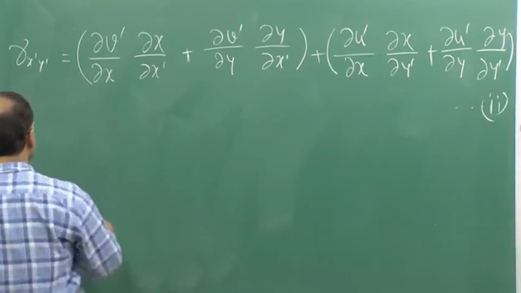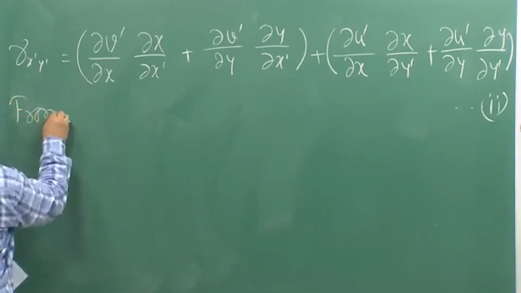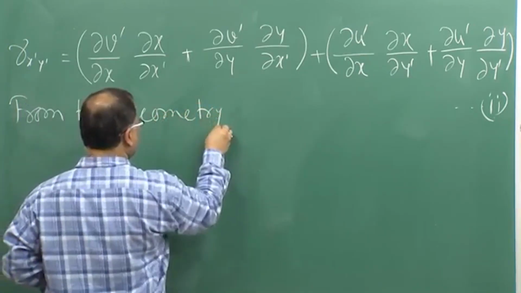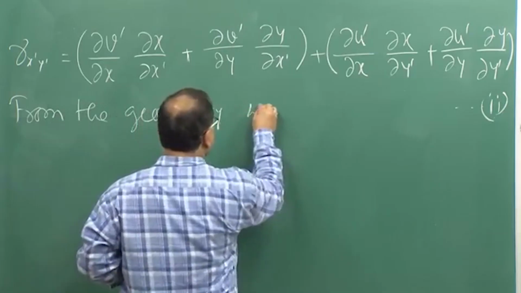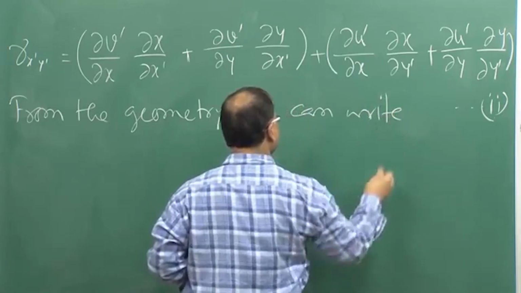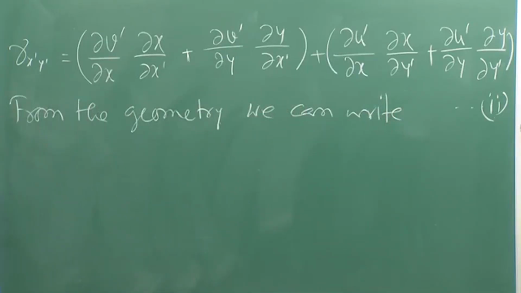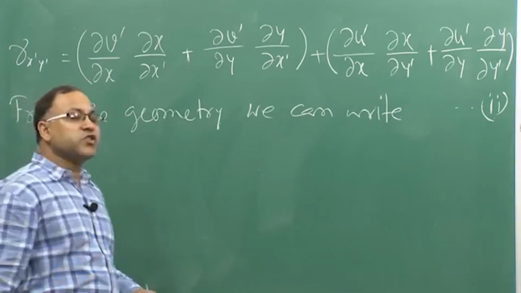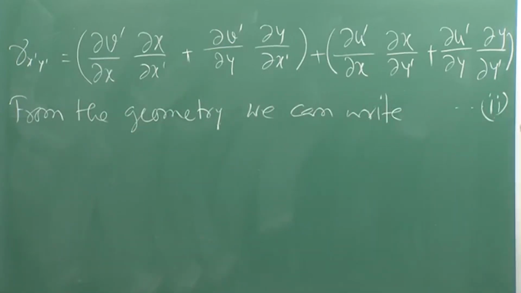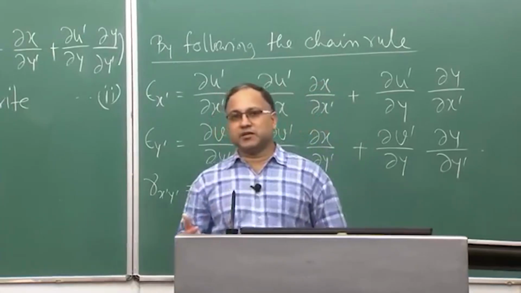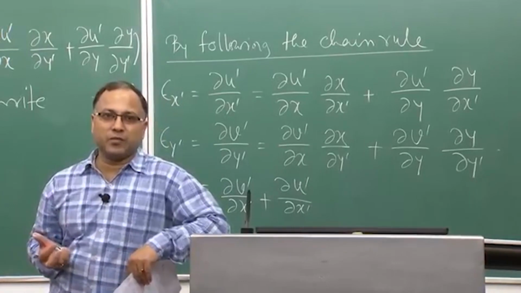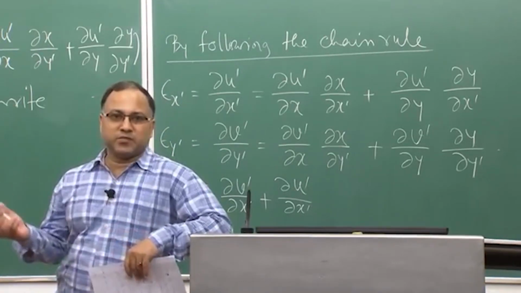Now from the geometry, we can write, so that means we are just basically writing the transformation equation. If you look at the geometry, we are going to express the x and y coordinate system in terms of the x prime, y prime coordinate system, and similarly the displacement vectors.